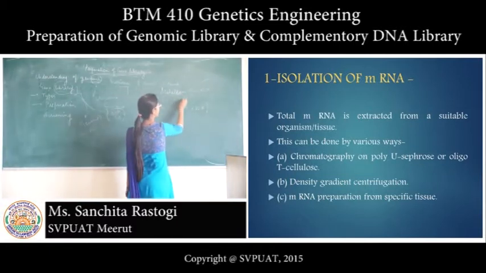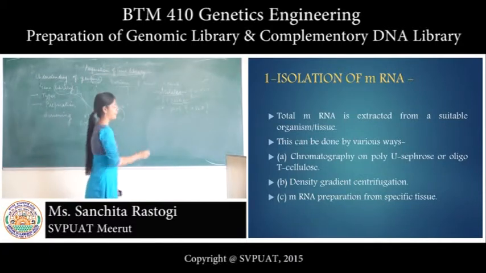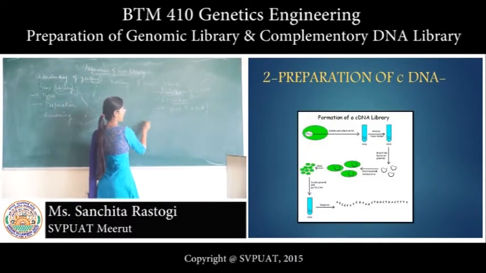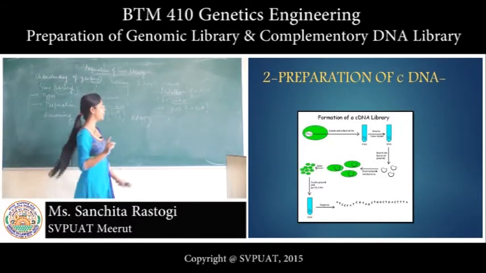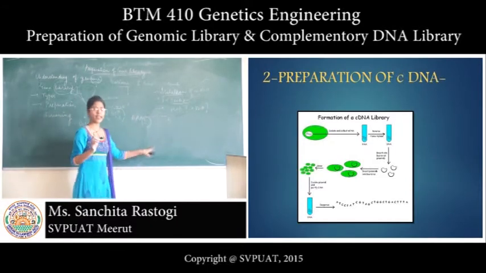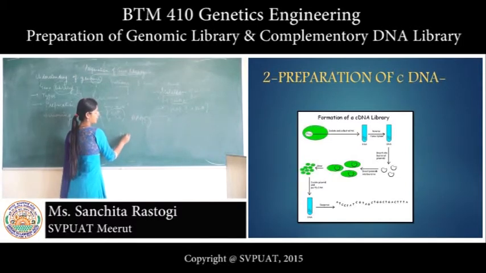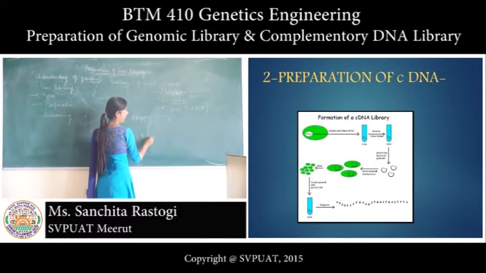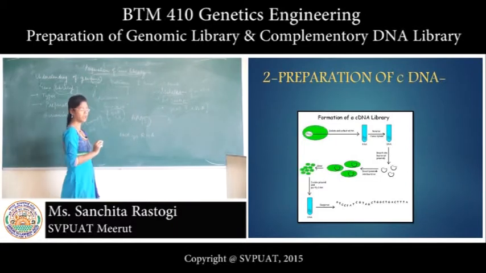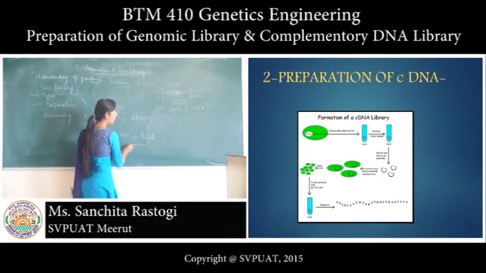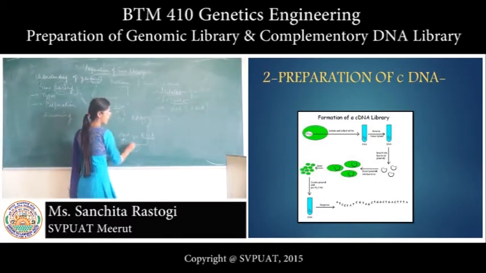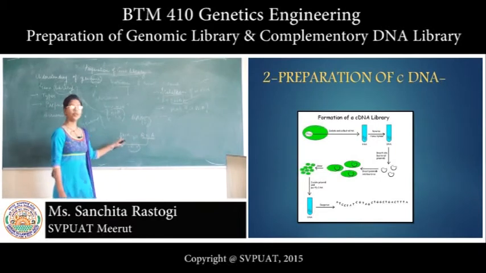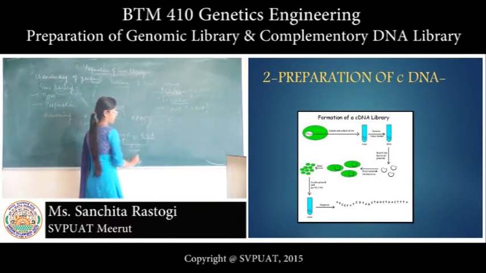So how could we convert mRNA into cDNA? First, we all know that mRNA contains a poly A tail at the 3' end. Now we have to convert this mRNA into cDNA. We all know that DNA converted to RNA is referred to as transcription, and now we need to convert RNA into cDNA. This process is called reverse transcription, and the enzyme used for conversion of RNA to cDNA is reverse transcriptase.